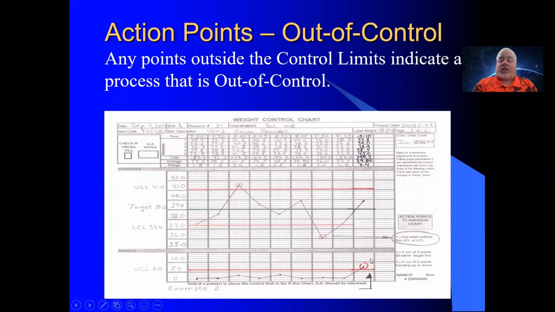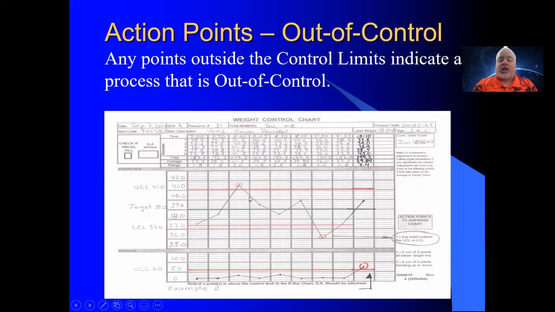And here it's because the distance between the highest weight and the lowest weight was too great. It was over 5 grams. It was actually 7.4 grams, and the line is, I guess, at 6. I don't know. It's been a long time since I used these charts. But any of these, we've got too much variation in the individual bottles.